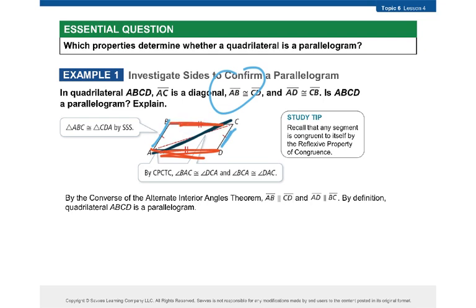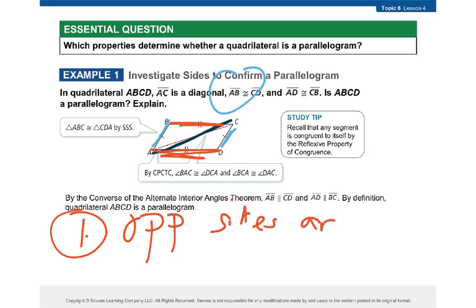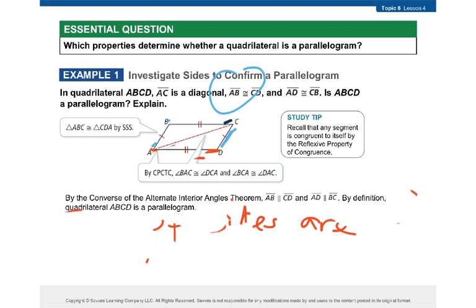So remember, the first property of a parallelogram is opposite sides are congruent. Now, the question for this example is, is ABCD a parallelogram? Explain.